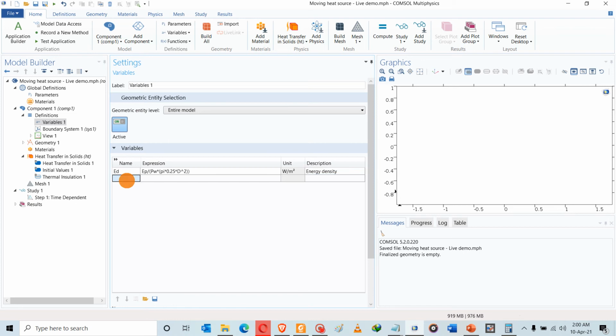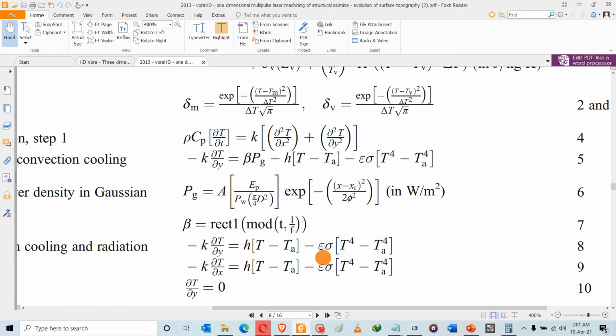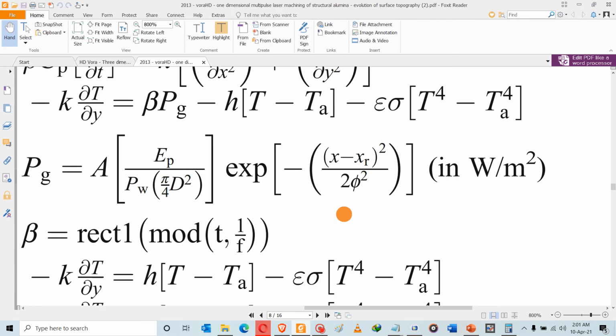Now, what we want here is to insert the Gaussian space term. We'll call that G space. Okay, so the Gaussian space is equal to, I'm going to zoom in more, exp open bracket negative x minus xr, where x is the domain that you're working in and xr is the reference point of the laser beam, squared, divided by 2 times the standard deviation squared.